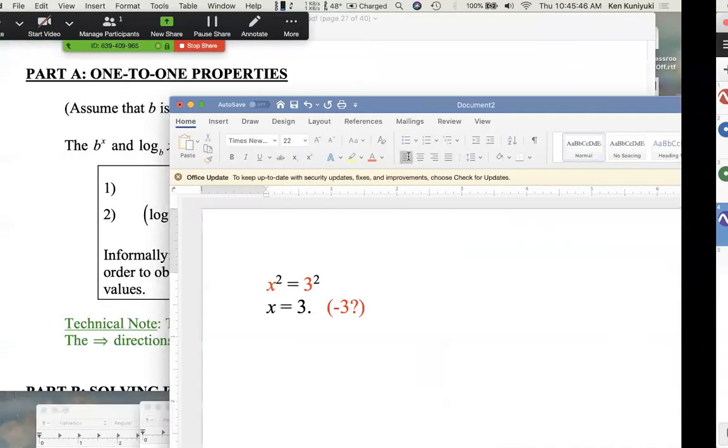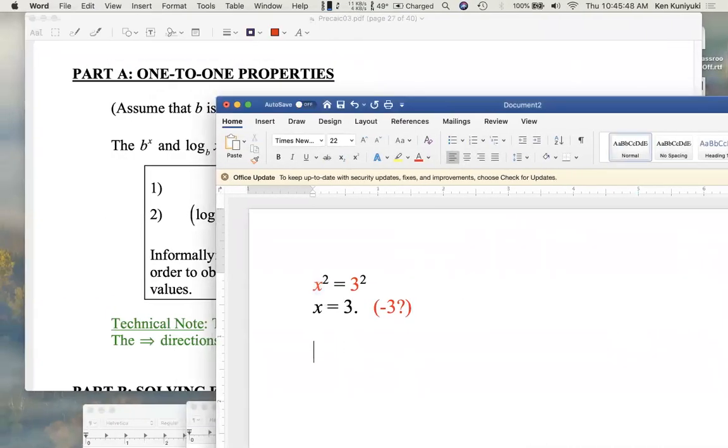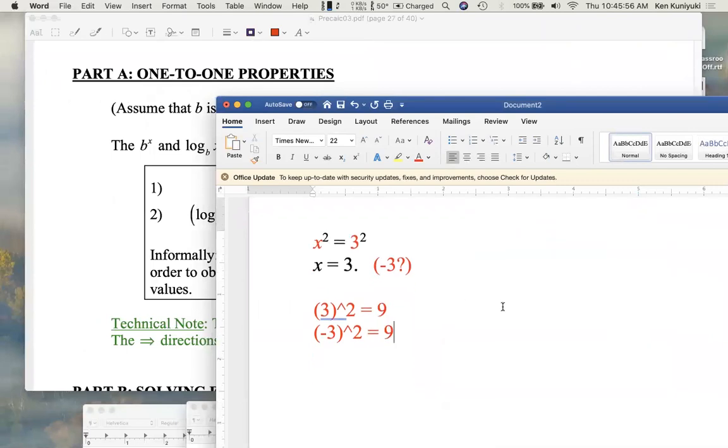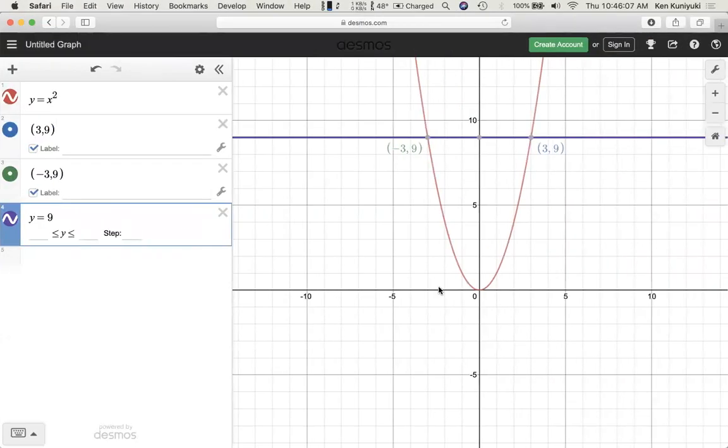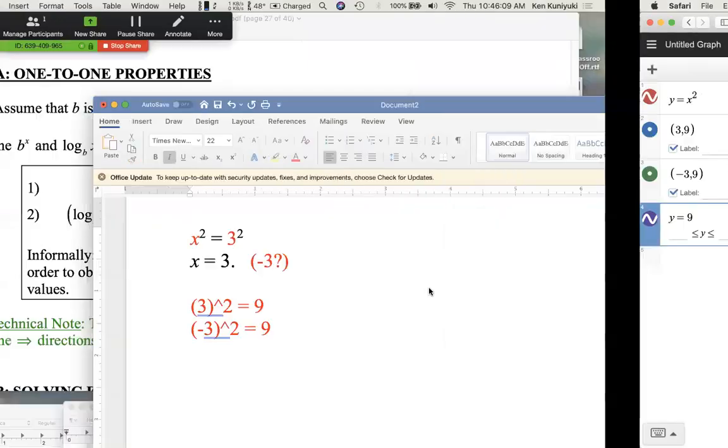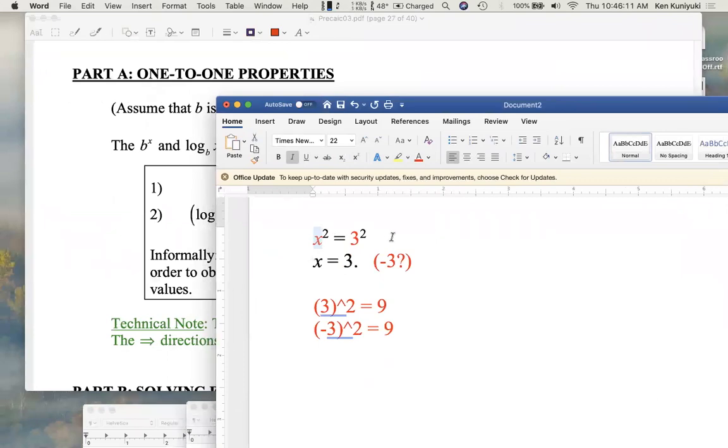So, for example, it's true that the square of 3 is 9, but the square of negative 3 is also 9. Okay, so here's the problem with just setting things equal to each other just because you feel like it. If you have a function that's not one-to-one, then that tactic may not work. Because if the square of x equals the square of 3, actually x could be 3 or negative 3.